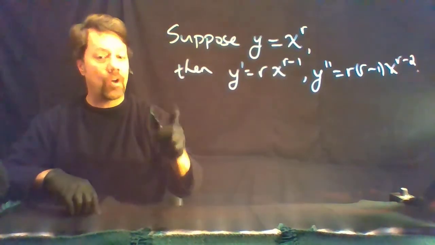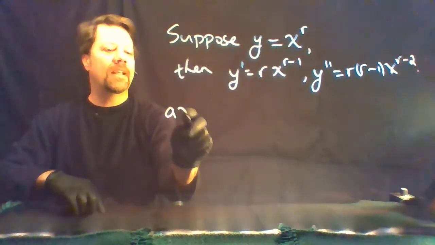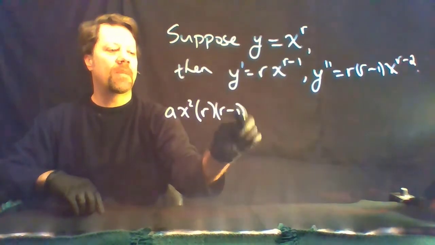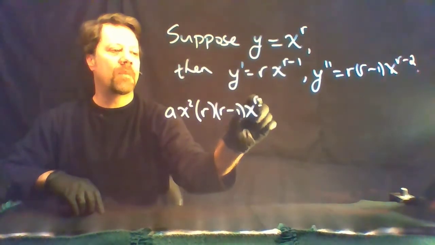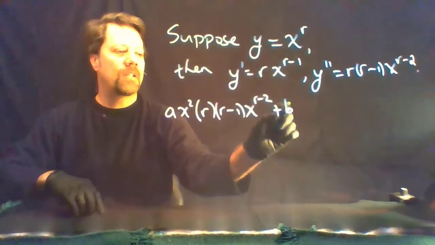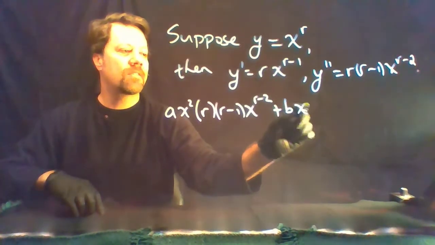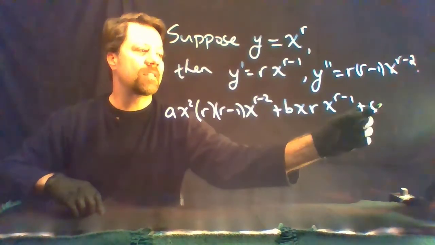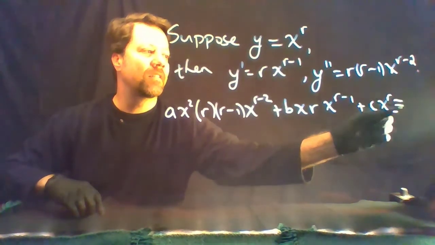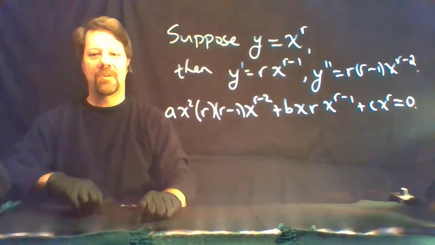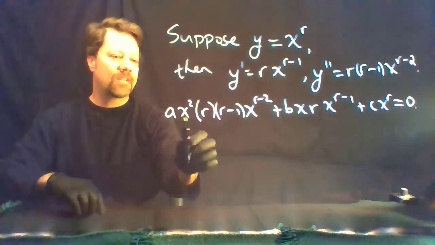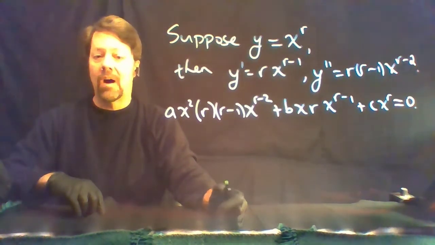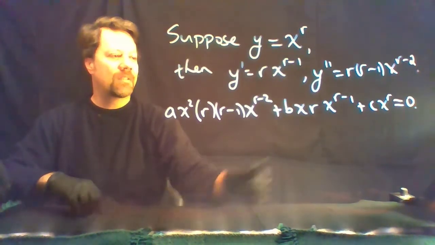Plugging these into the homogeneous differential equation, we get ax squared times r times r minus 1, x to the r minus 2, plus b x r x to the r minus 1, plus c x to the r equals 0. x squared times x to the r minus 2 equals x to the power r because we add the exponents.